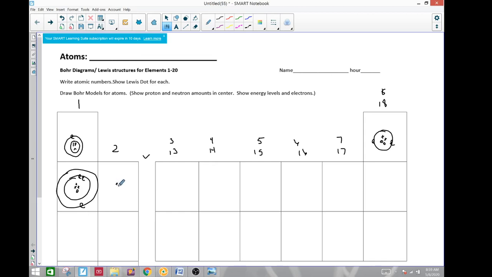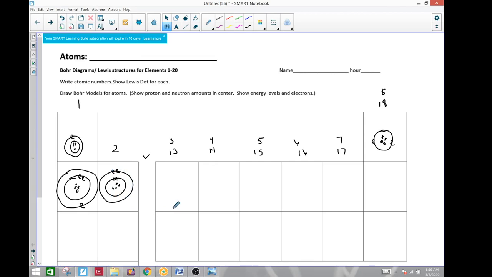Alright, 1, 2, 3, 4. And we have 2 energy levels. And we have 1, 2, 3, 4. And we're not quite sure yet where we're putting these guys.